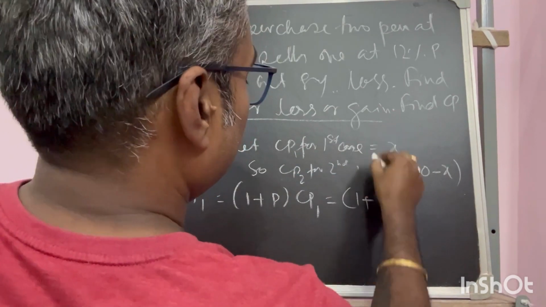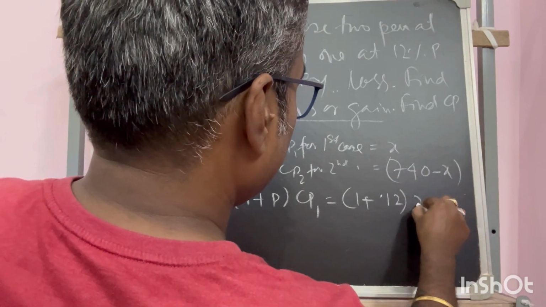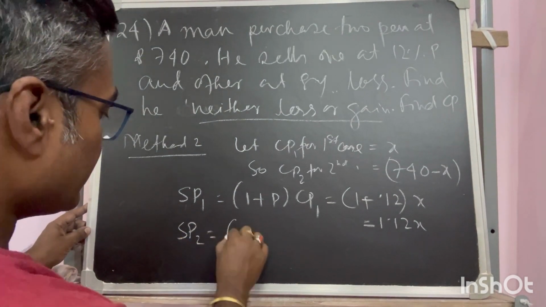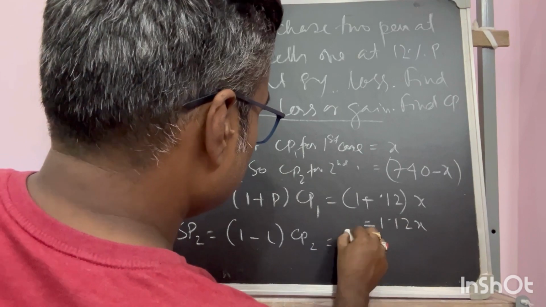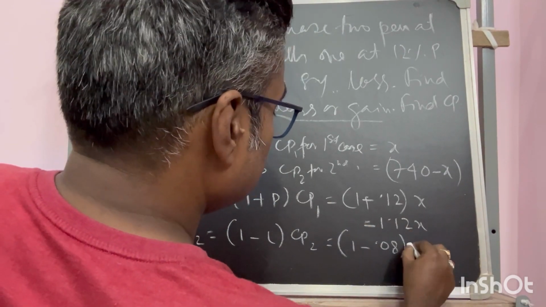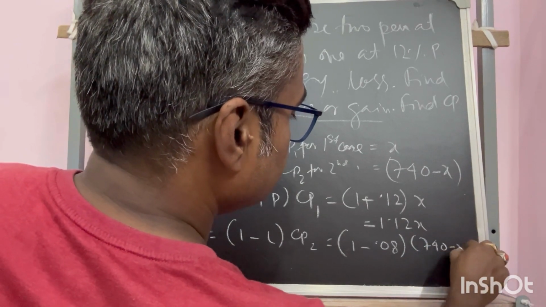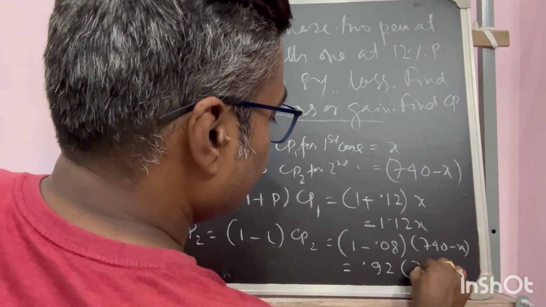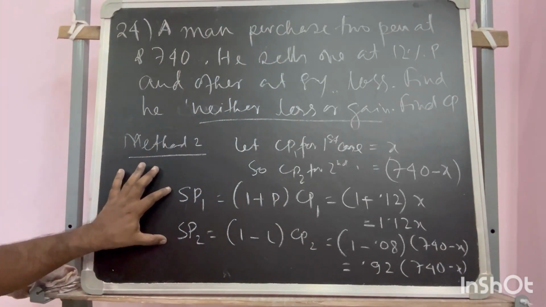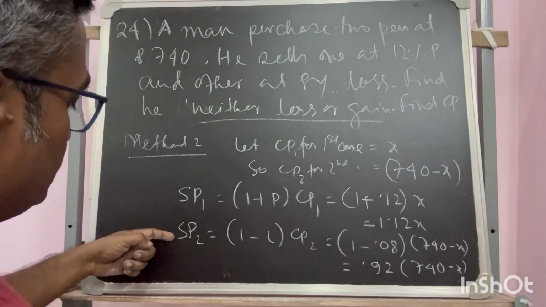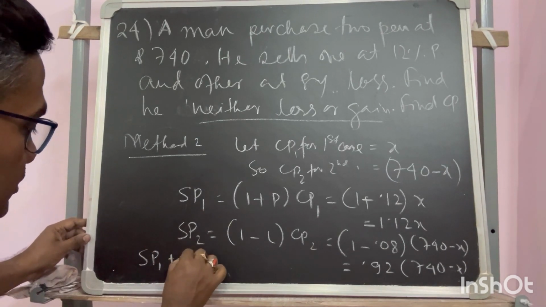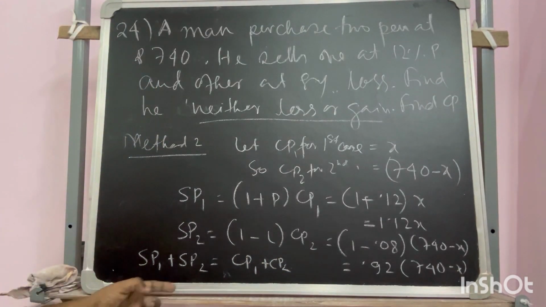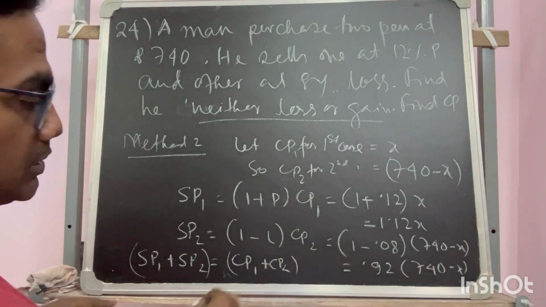This is 1 plus profit, 12%, into X, that is equal to 1.12 into X. Selling price 2 is 1 minus loss into CP2, which is 1 minus 0.08 into CP2, meaning 740 minus X. So that is equal to 0.92 into 740 minus X. Now adding SP1 plus SP2 will give CP1 plus CP2, because neither is getting profit or loss, so the total selling price has to be equal to the total cost price.